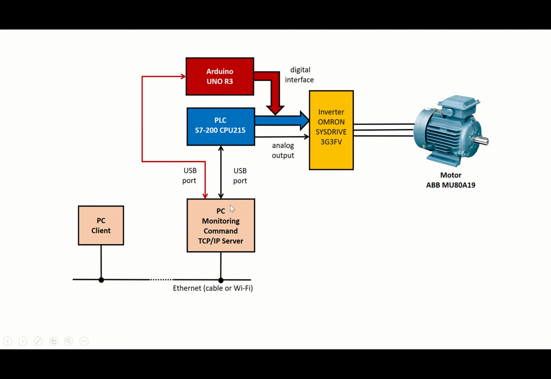The system is connected to my PC through a serial channel, USB. The PC is running monitoring and command software designed in C#. And the software also works as a TCP/IP server. So you can access the functionality of the commanding and monitoring software from the network, from any client.